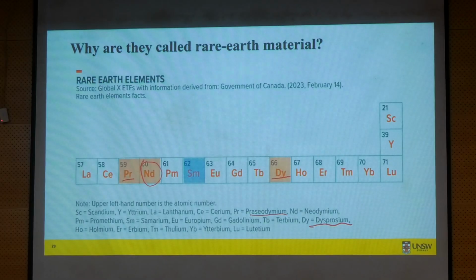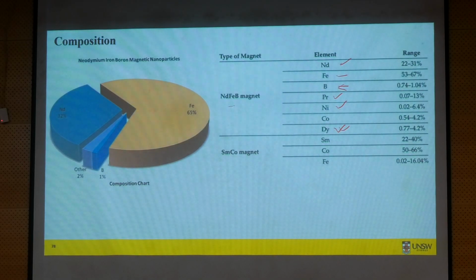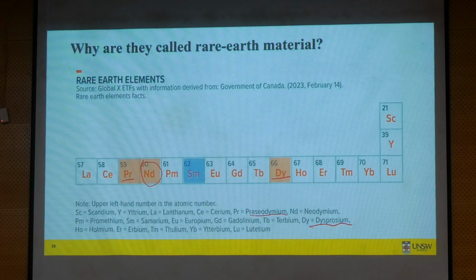Iron and boron are commonly found everywhere, but these three materials, heavy metals, are very rare. We have seen in the previous slide that nearly 30% neodymium is required, and dysprosium is about 4%. The other one is about 13%, the maximum amount. So because of these three rare earth materials, these magnets are called rare earth magnet material.